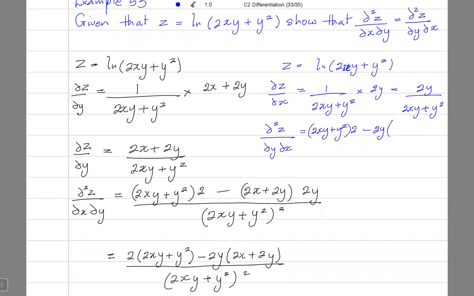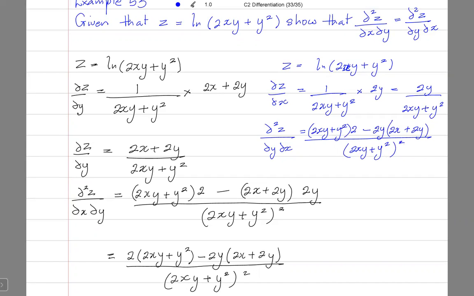When you differentiate the denominator partially with respect to y, you get 2x plus 2y. And this is all over v squared, which is 2xy plus y squared.